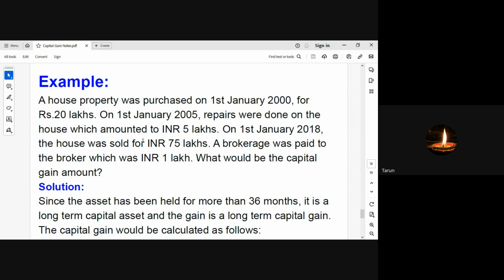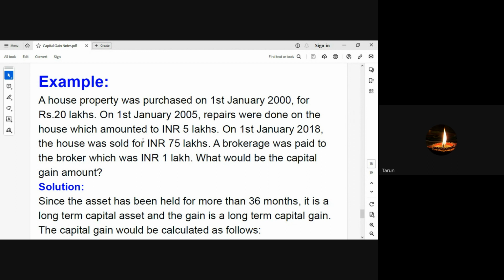On 1st January 2018, the house was sold for 75 million. A brokerage of 1 million was paid to the broker. What would be the capital gain amount?